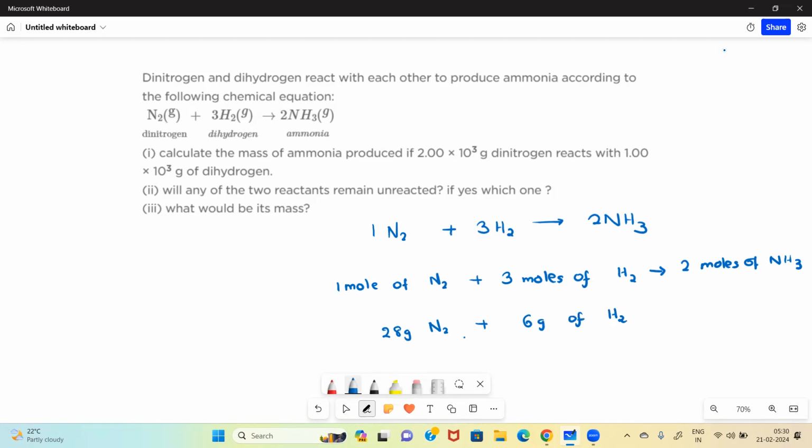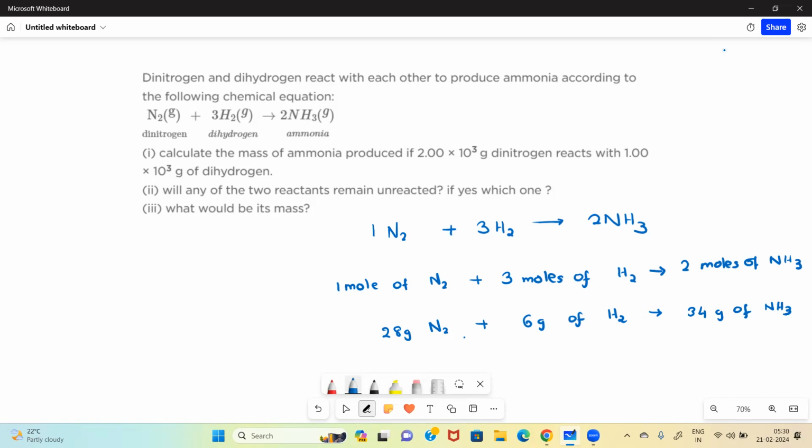So 28 grams of dinitrogen combines with 6 grams of dihydrogen to give ammonia. You see the molecular mass of ammonia is 17, so 1 mole is 17 grams, 2 moles will be 34 grams. Is that clear?